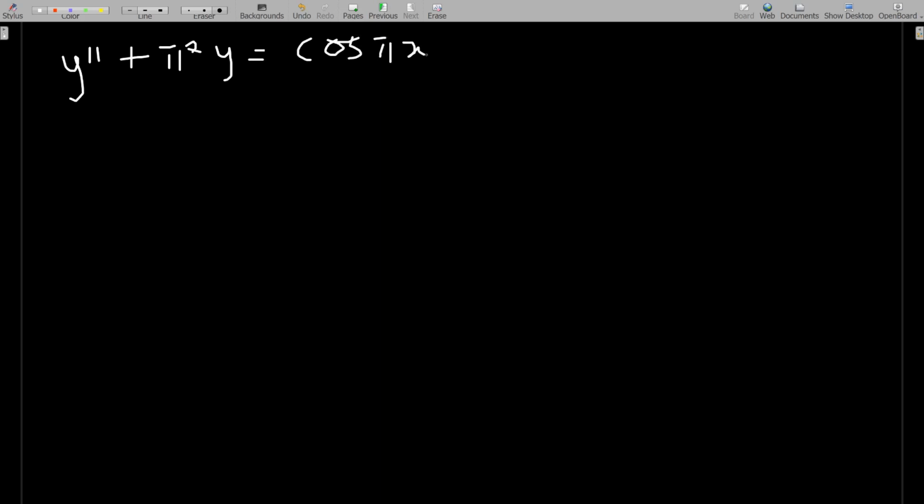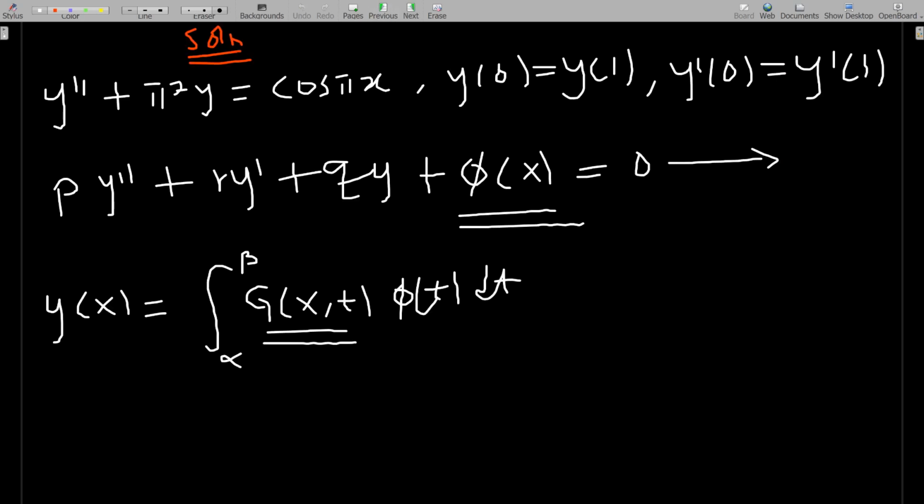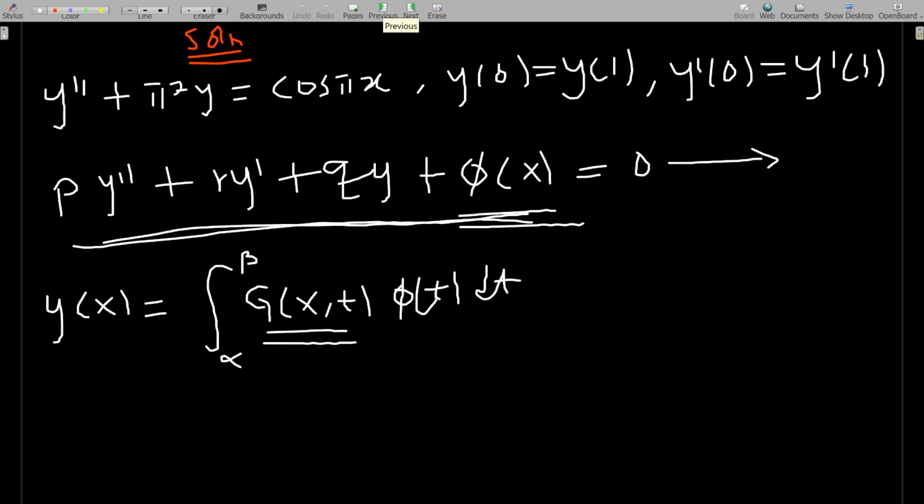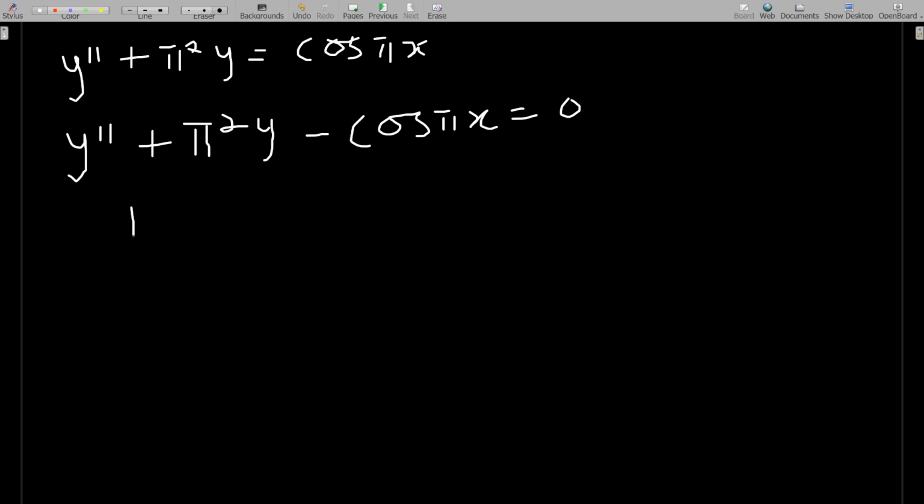If I send the cos pi x to this side, it looks like y double prime plus pi squared y minus cos pi x equals 0. So if I compare this to what I've written here, my p is equal to 1, my q is equal to pi squared, and my r is obviously 0, which is the coefficient of y prime.